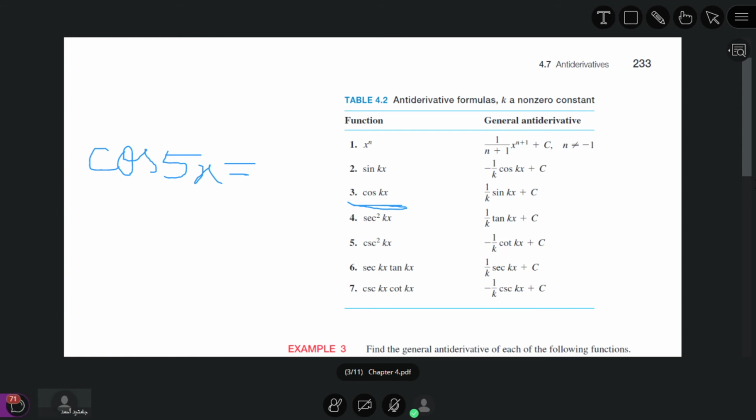Sine 5x divided by 5 plus some constant. Yes, all are correct. So these are different formulas.